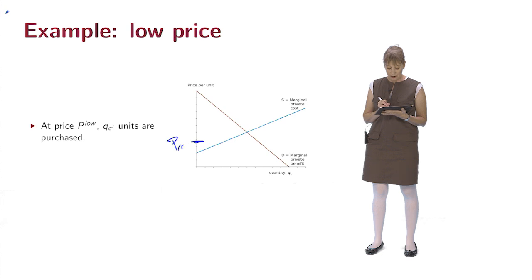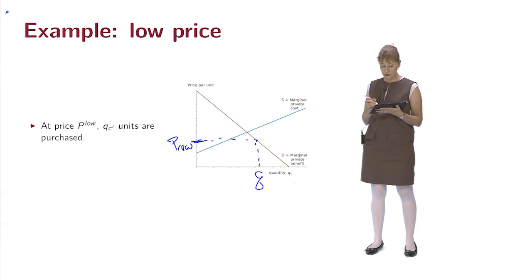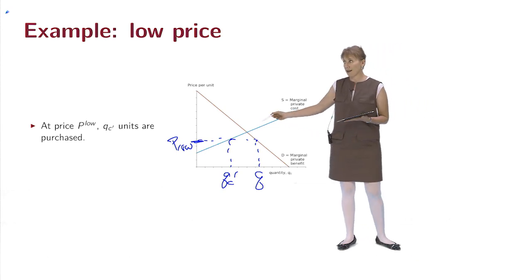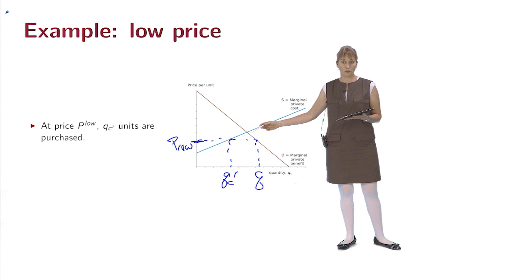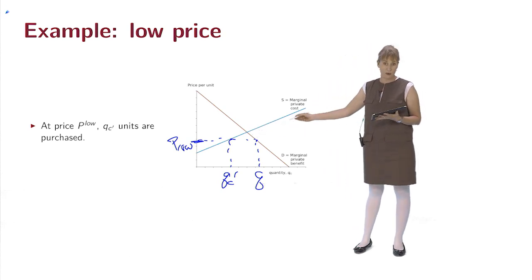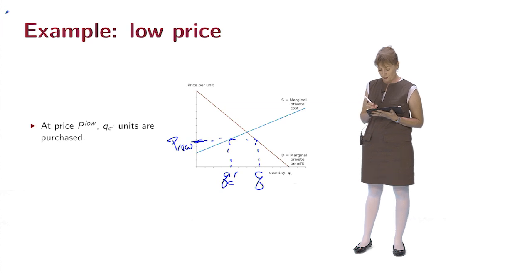Now down here at P low, consumers would like to buy this many units. However, producers are only willing and able to sell QC prime units. So we can't make producers supply units that consumers may want, so only QC prime units get sold.